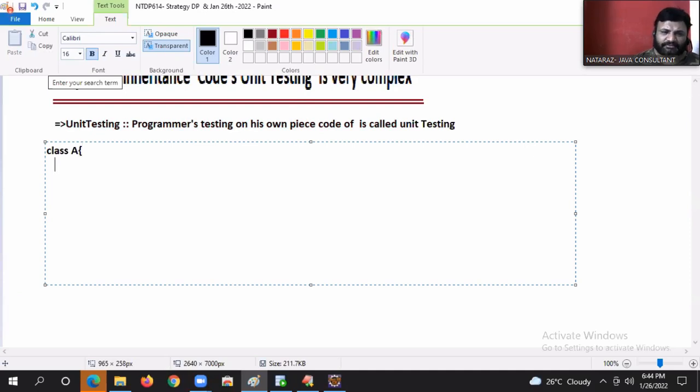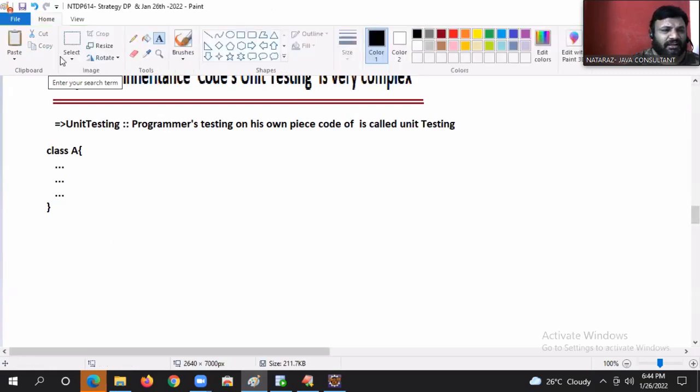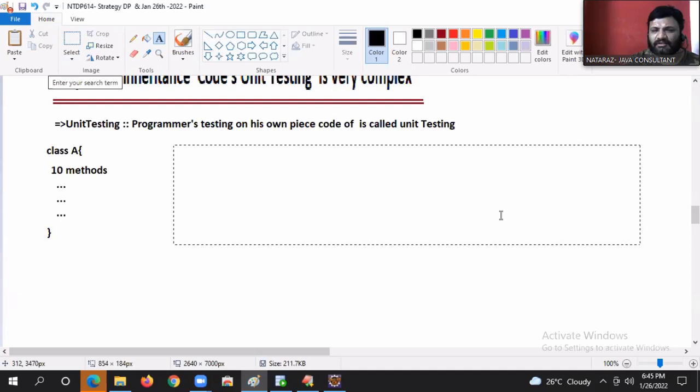Class A. Here is my class B. Class A, how many methods are there, guys? Let us assume 10 methods are there. Class A, literally 10 methods are there.